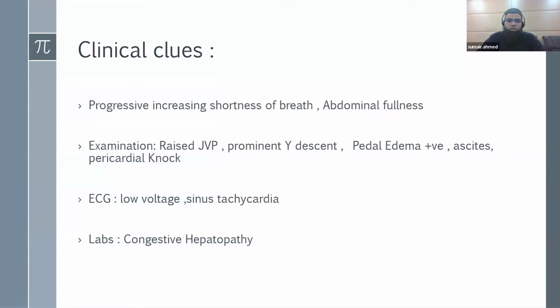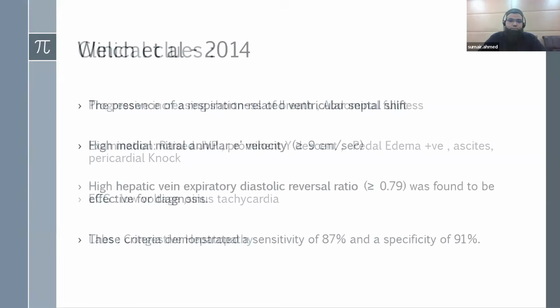On the ECG we mostly get low voltage and sinus tachycardia, and on LFTs, because of the congestion, we get congestive hepatopathy.